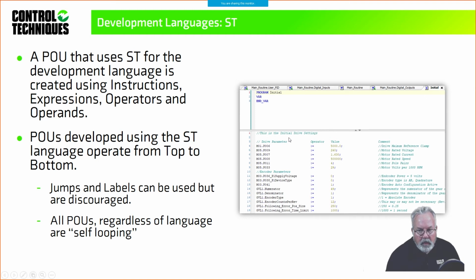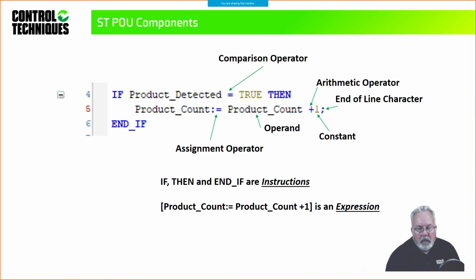So when you're doing structured text, you don't see a return instruction. It's implied, it's implicit. So it just starts at the top and runs to the bottom. So this is what the structured text POU components look like.